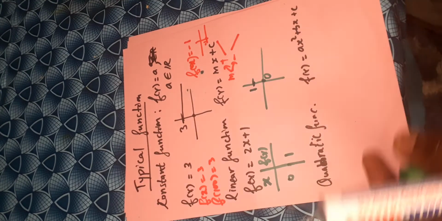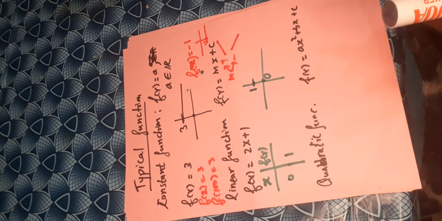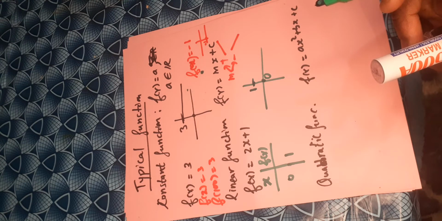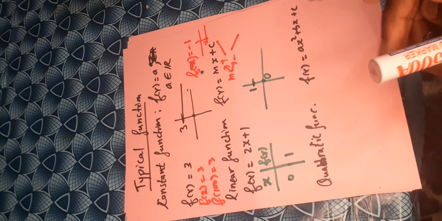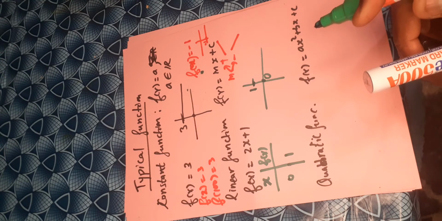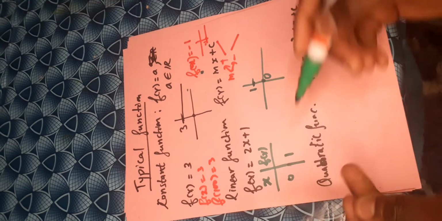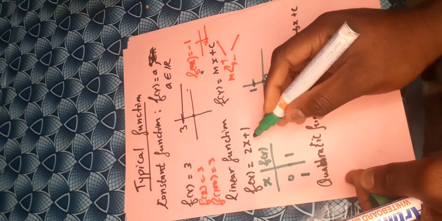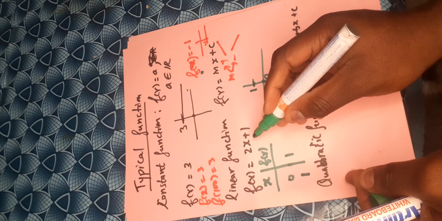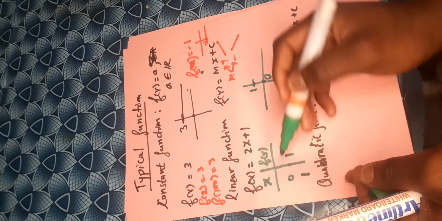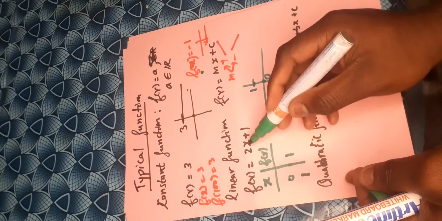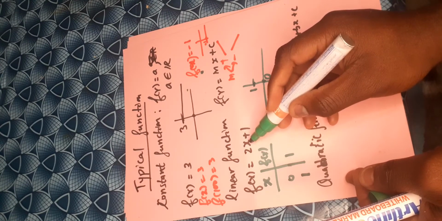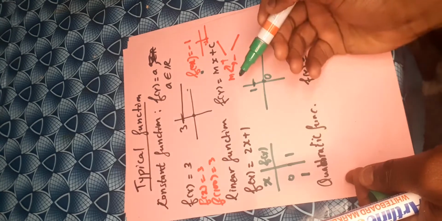Now let's take another point, because you cannot draw a line with only 1 point. You need 2 points to be accurate. So let me choose 1, for example. If x equal to 1, what will f of x be? I put 1 here. It's going to give me 2 multiplied by 1 plus 1, which is 2 plus 1, which is 3.